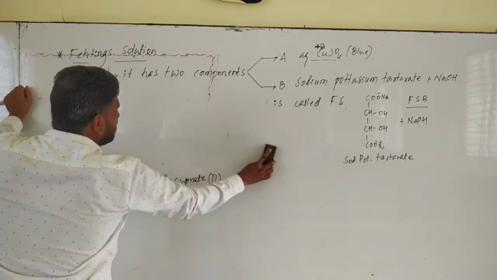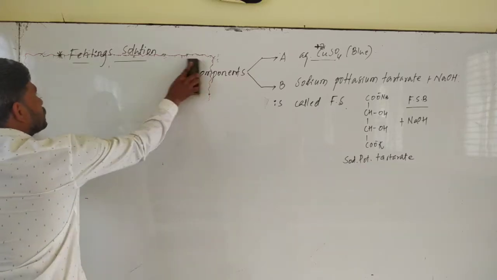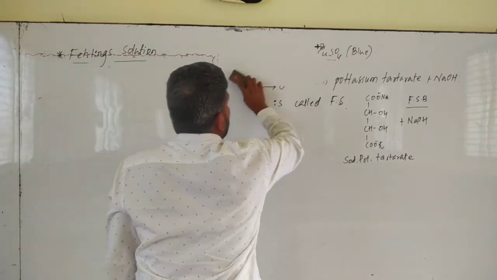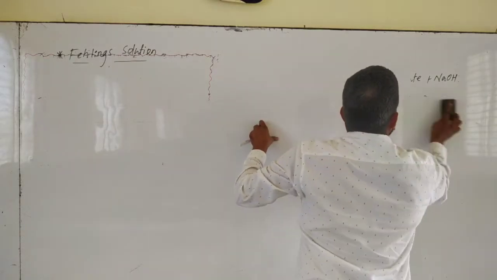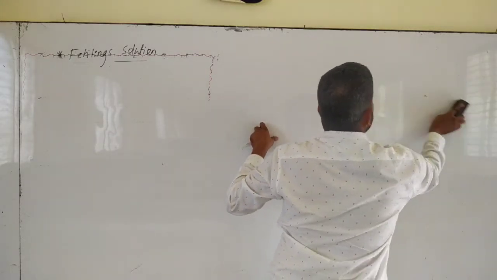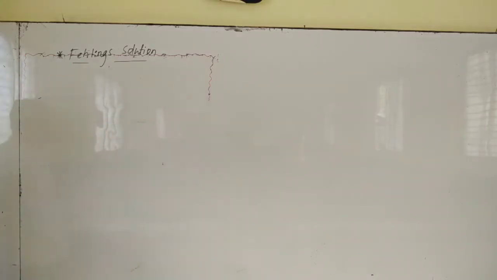See now what happens in Fehling solution. In Fehling solution, the active species is the copper 2+ ion. Which ion? Copper 2+ ion.